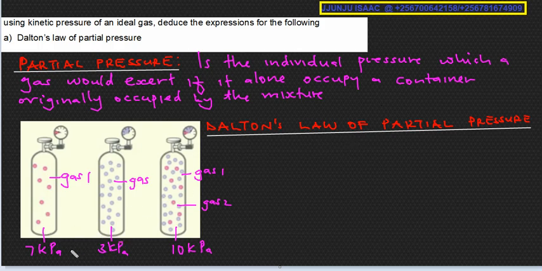Now according to Dalton's law, the total pressure of the mixture of ideal gases is the sum of their partial pressures at constant volume and temperature. So the conditions here must be constant. Volume and temperature must be constant for Dalton's law.